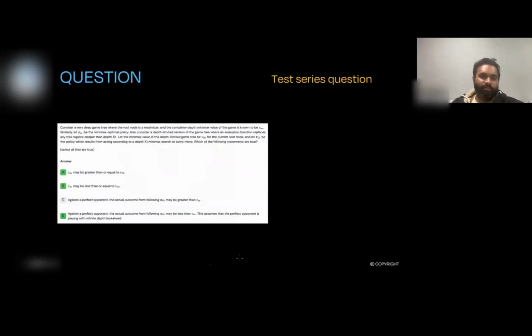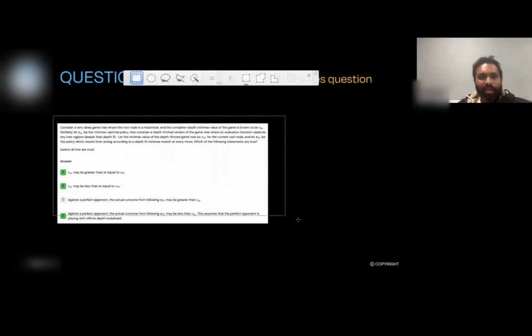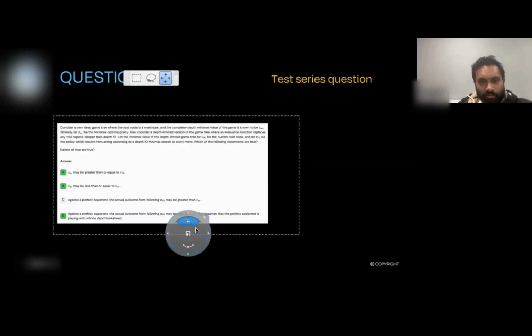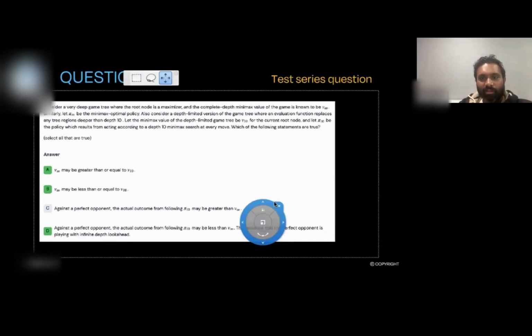Okay, answer this question. You have a game tree, which is very deep. And you are doing some Minimax algorithm. Assume that your Minimax algorithm is searching to the entire depth, whichever depth you have. The complete depth Minimax value is given. And you are acting with respect to V infinity.